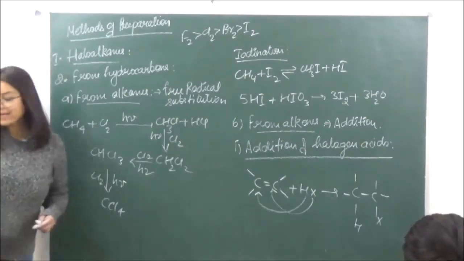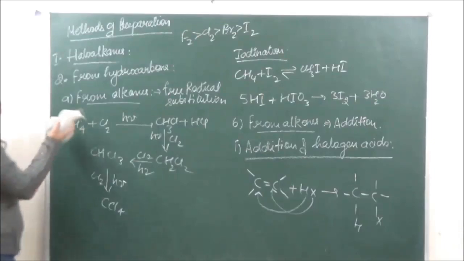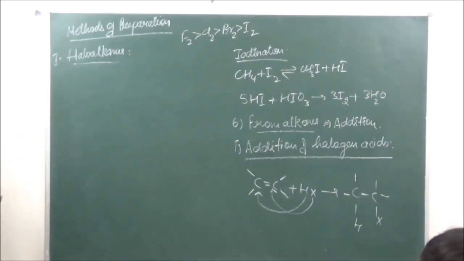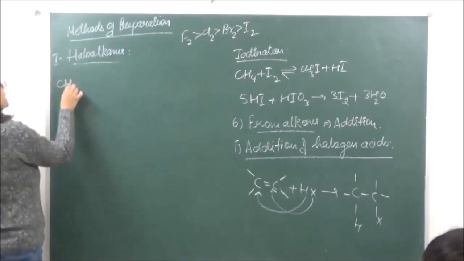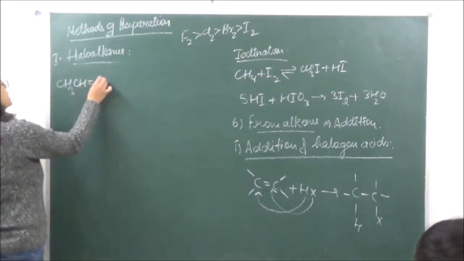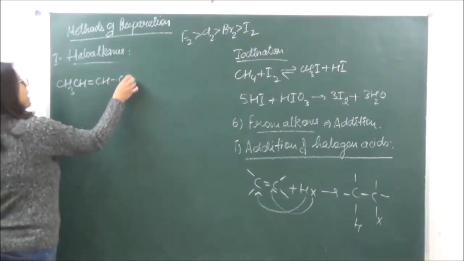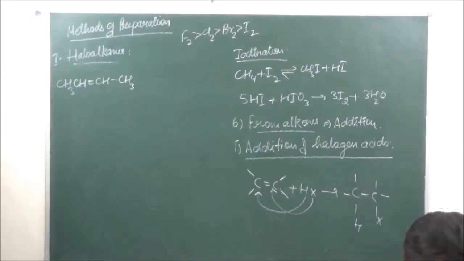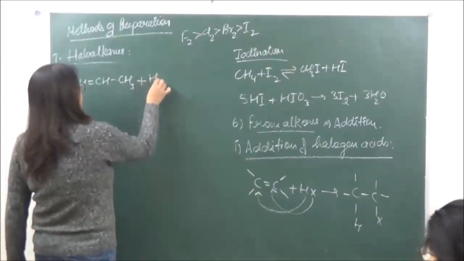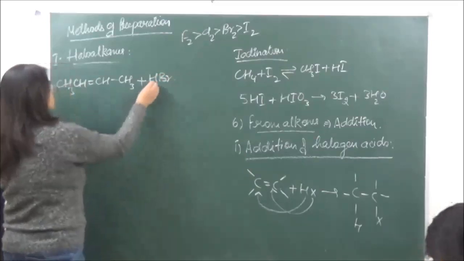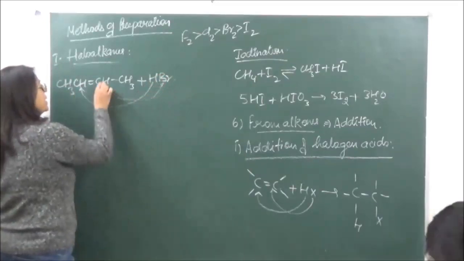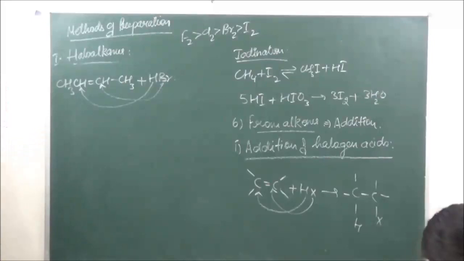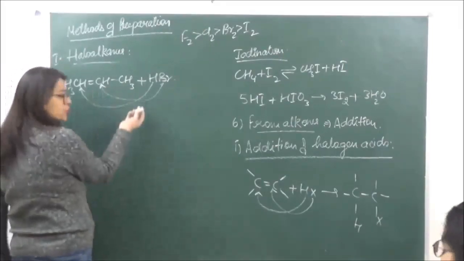So in symmetrical alkenes, the process is going to be the same. Symmetrical alkenes का मतलब होता है कि on both sides of the double bond there are the same number of carbon atoms present. Okay? अब अगर हम HBr ऐड करेंगे, तो it does not matter कि हाइड्रोजन कहाँ अटैक करता है और ब्रोमीन कहाँ अटैक करता है. It can attack on either of the two, right?